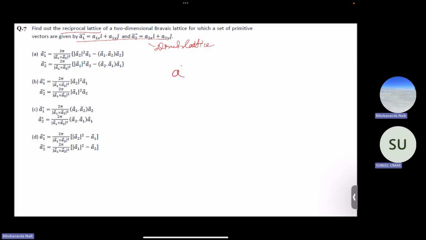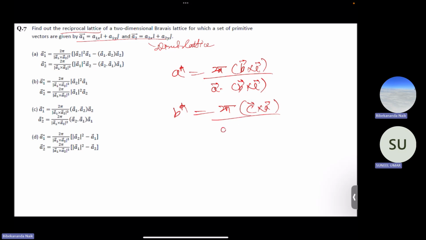The formula says a star is 2 pi b vector cross c vector divided by a dot b vector cross c vector. b star is 2 pi c vector cross a vector divided by a dot b cross c, and c star is 2 pi a cross b divided by a dot b vector cross c vector.